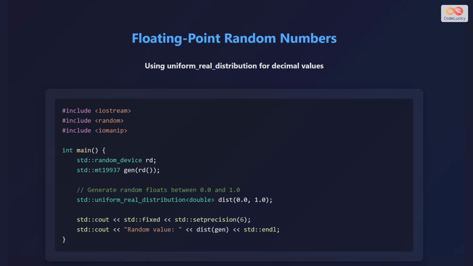Next, create a uniform real distribution, specifying the range for the floating point numbers, for example, 0.0 to 1.0. Use std::cout with fixed and setprecision to format the output to a fixed point notation with 6 digits after the decimal point. Generate a random floating point value by calling the distribution with the generator and output it to the console.